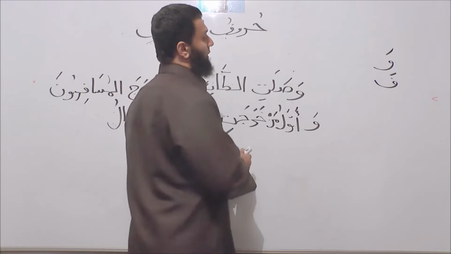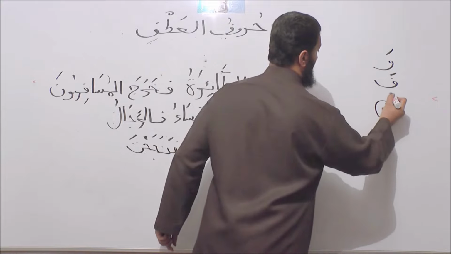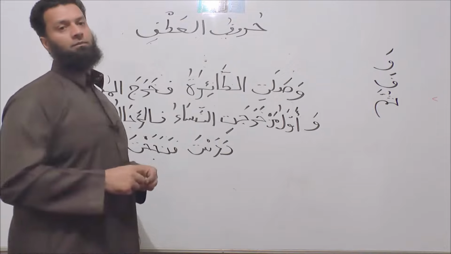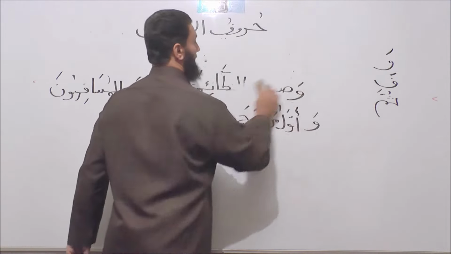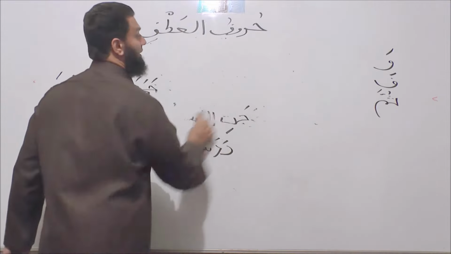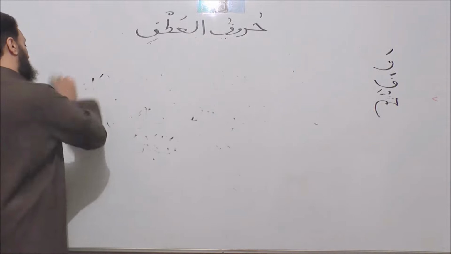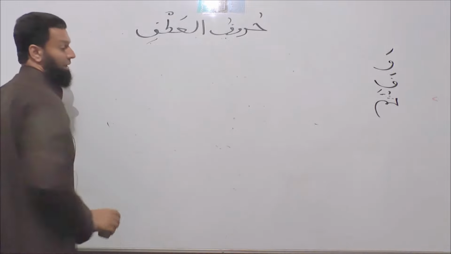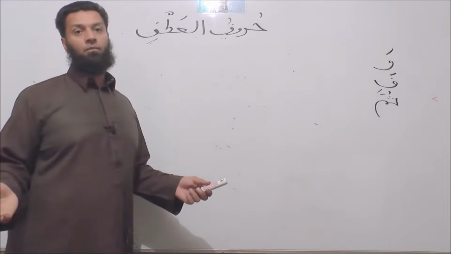So the next one which is related to it is Thumma. Then, right. So what is the difference between fa and Thumma? I'm gonna guess it's a longer period. Right, yeah, after. It's a longer period of time.